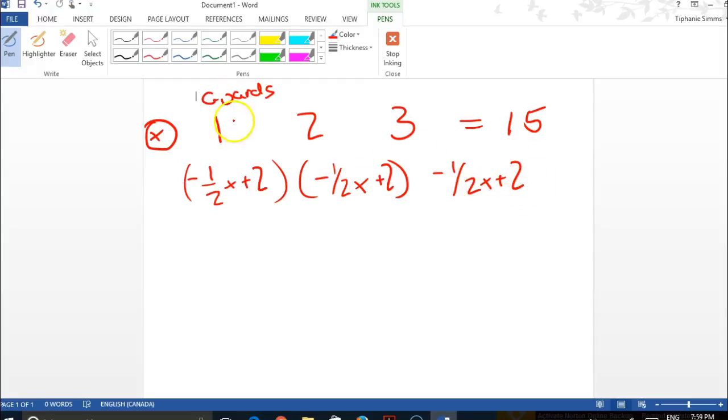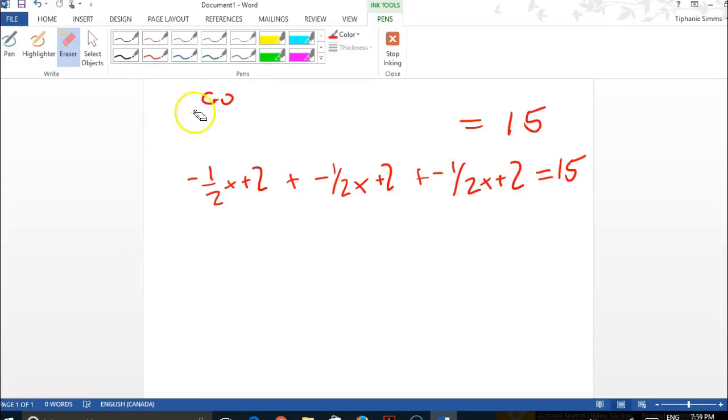So we could think about combining all these terms, and we'll set that equal to 15, and we'll combine some like terms there. I was using brackets just to show you the 3 guards here, but don't let that trip you up. So let's combine those terms and we'll see what we get. Okay, so he has x plants.